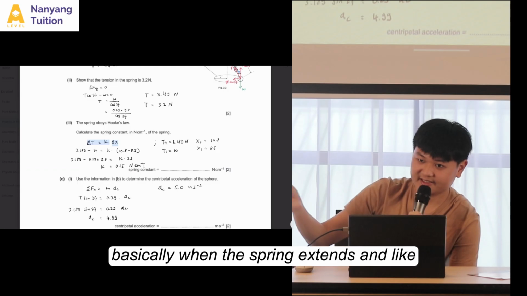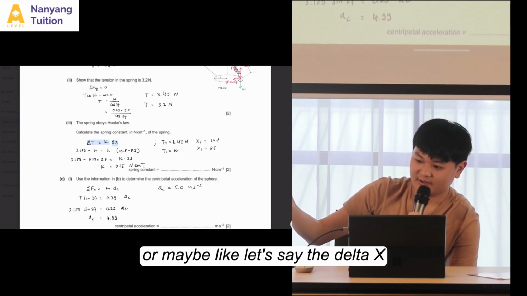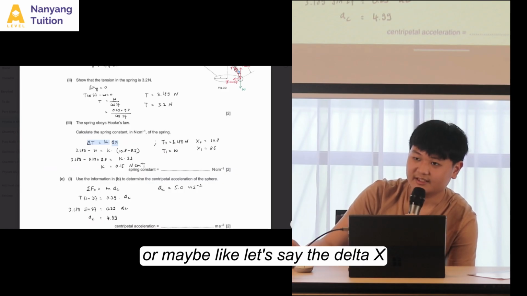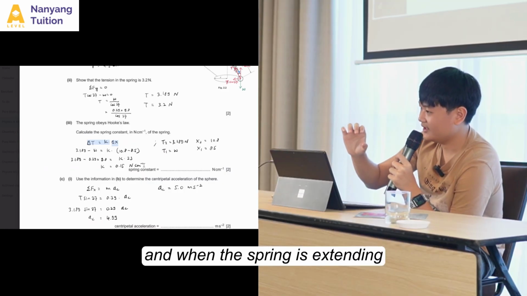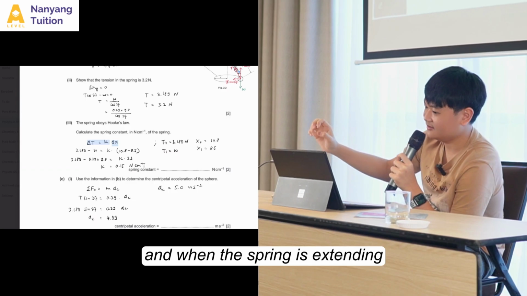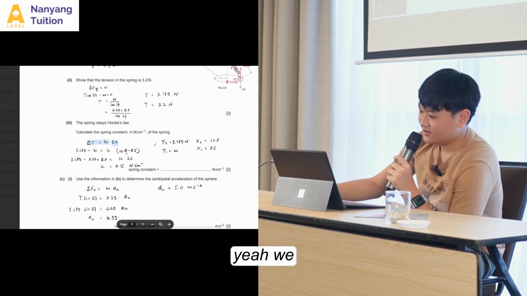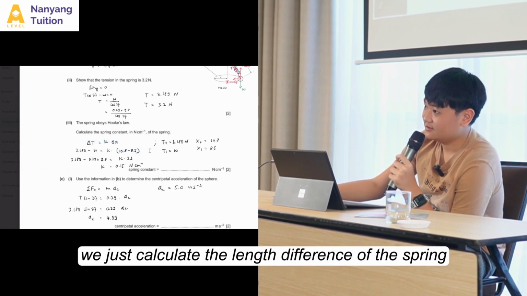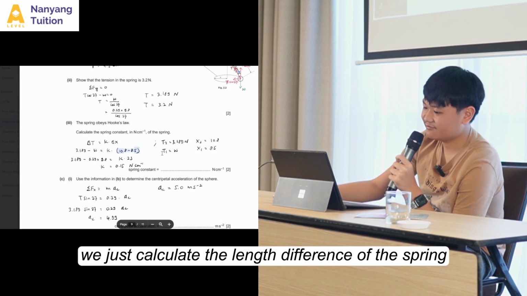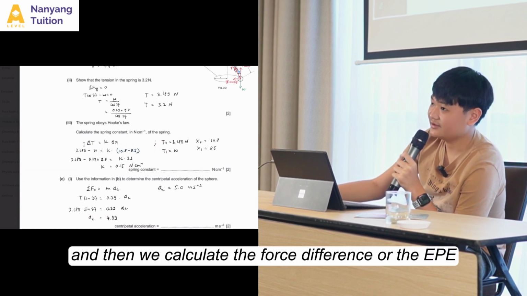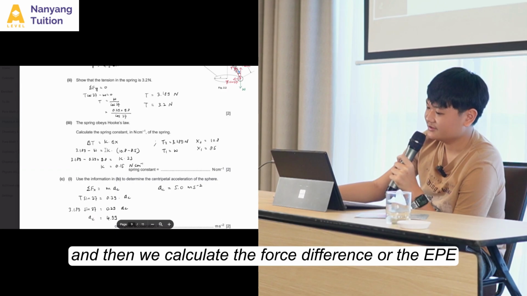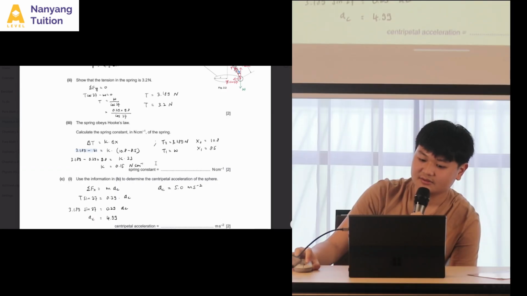Basically, when the spring extends, let's say the delta x when the spring is normal and when the spring is extending, we just calculate the length difference of the spring, and then we calculate the force difference, or the EPE, let's say.